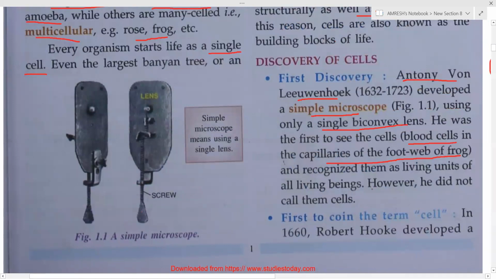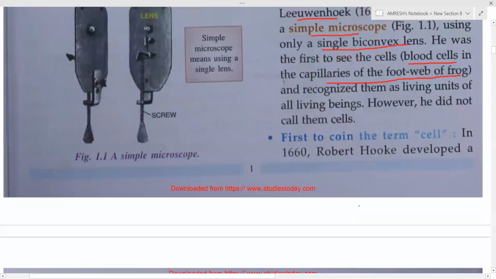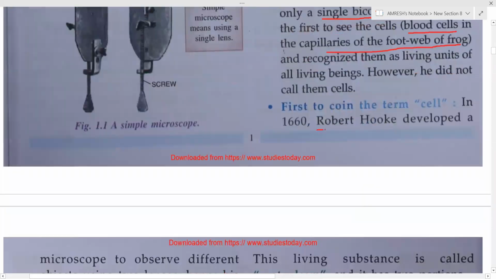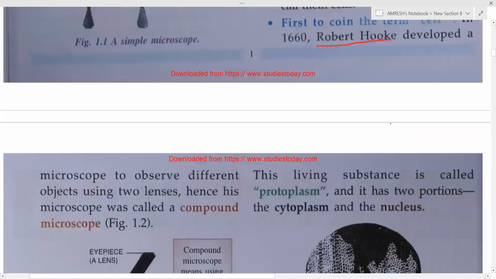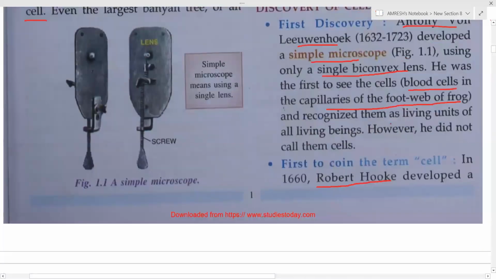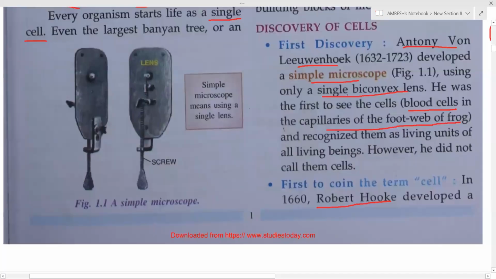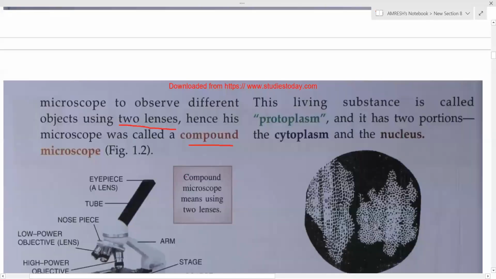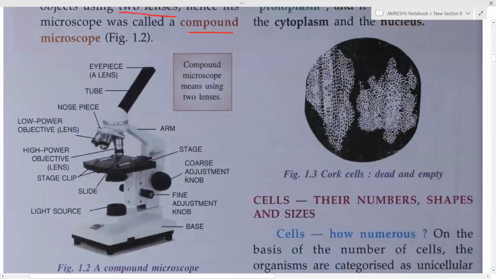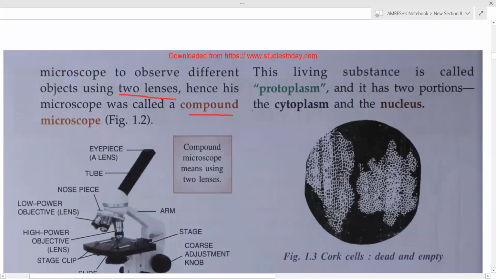Now the term cell was coined by Robert Hooke. This one you have to remember. The term cell was coined by Robert Hooke, and Robert Hooke made a compound microscope using two lenses. A simple microscope has a single biconvex lens, but this is a compound microscope. It has two lenses, and from that he was able to see the cell more clearly.